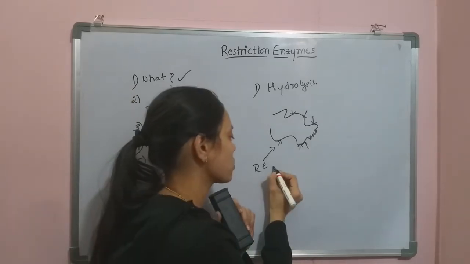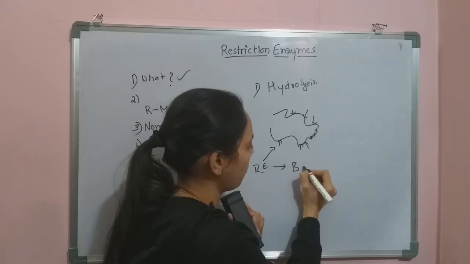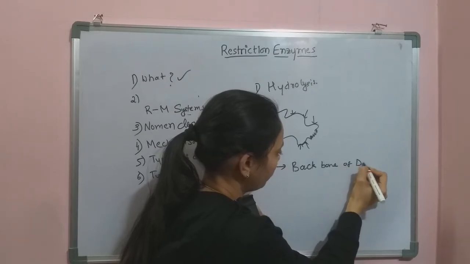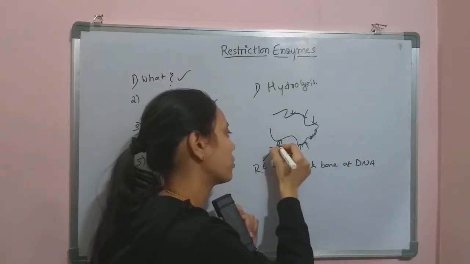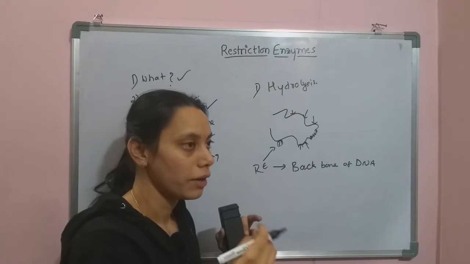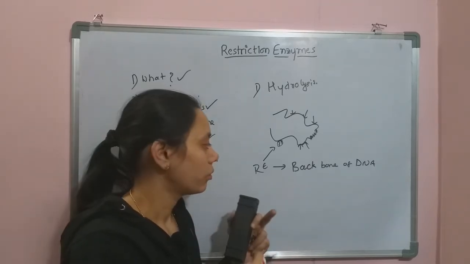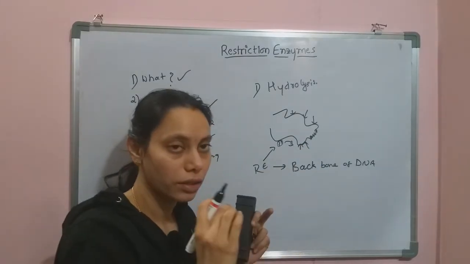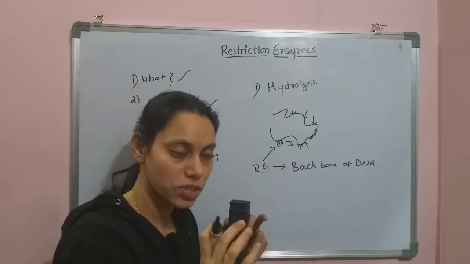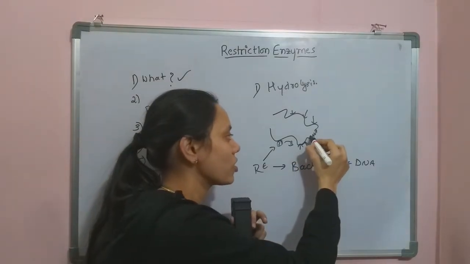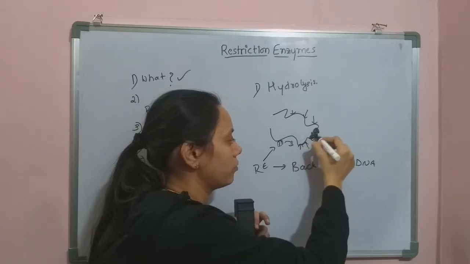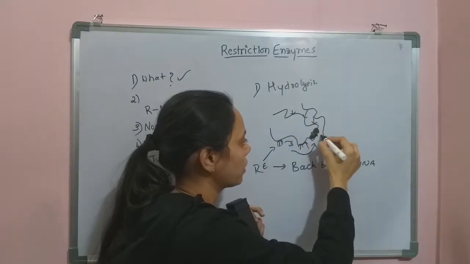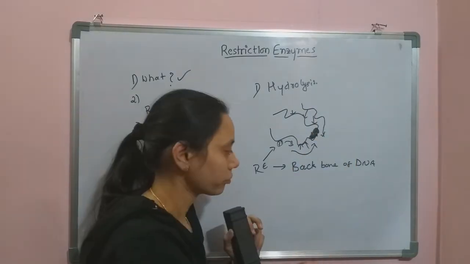That means these restriction enzymes go and bind with the backbone of the DNA, and they slide forward, and once they recognize these specific restriction sites, that means a specific sequence of the DNA, they'll stop and cut.